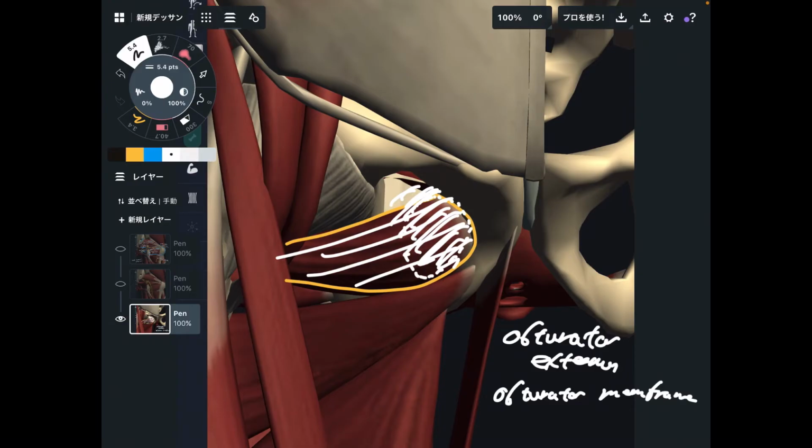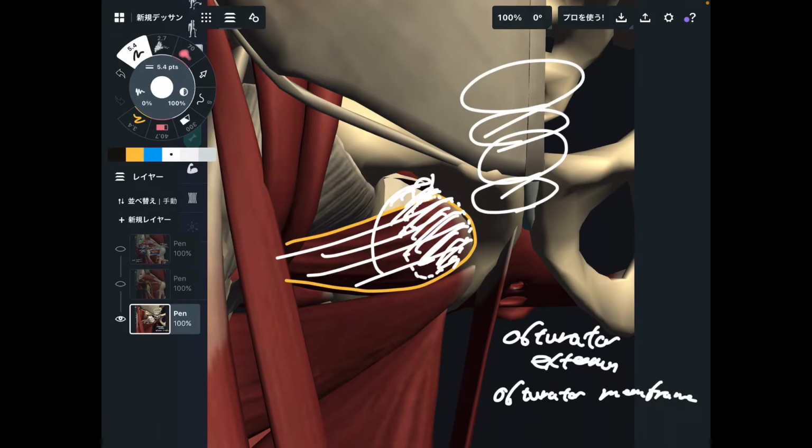This is a very important area. Deep to this area, what's there? There is obturator internus plus pelvic organs. There is bladder, there is uterus for female, there is prostate for male, there is rectum. Pelvic area is very busy, very narrow, very compact.